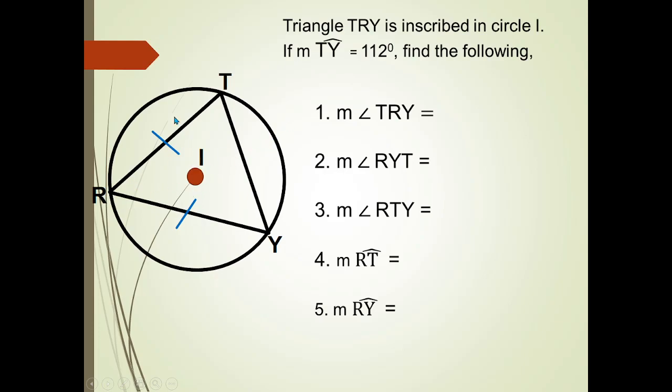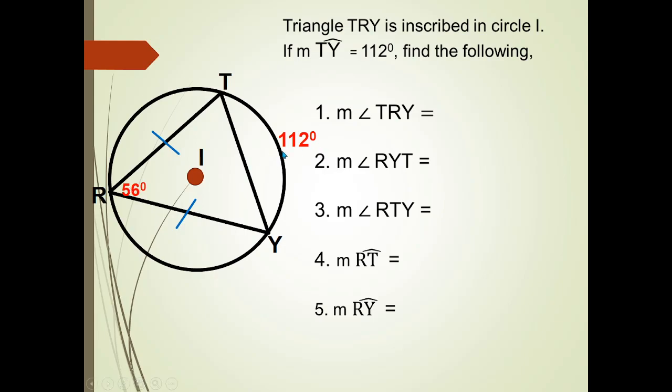So let's first complete the facts in the figure. Given is arc TY, which is 112 degrees. This is an inscribed angle, so half of 112 is 56 degrees.